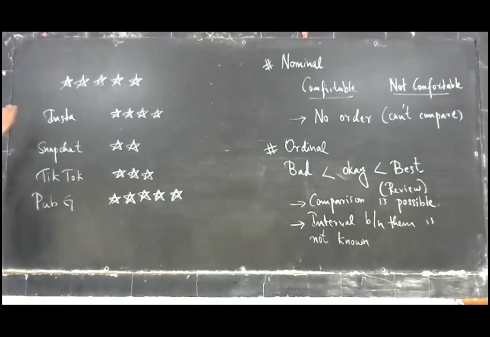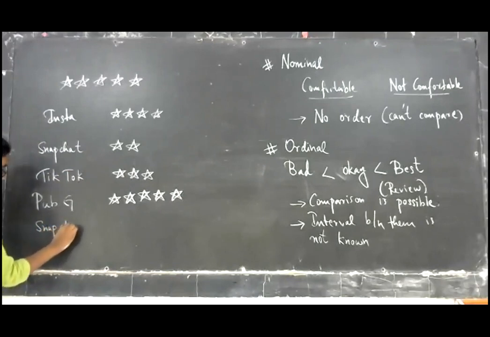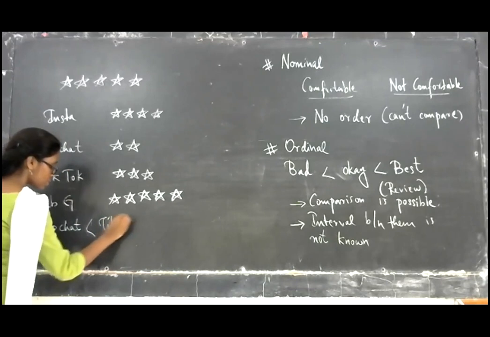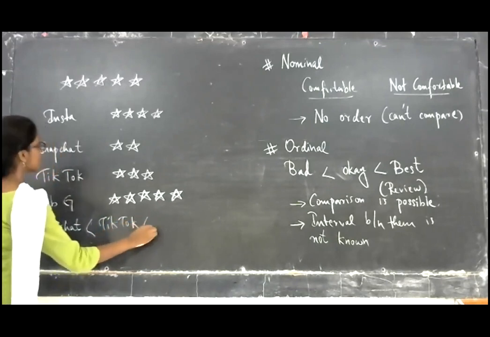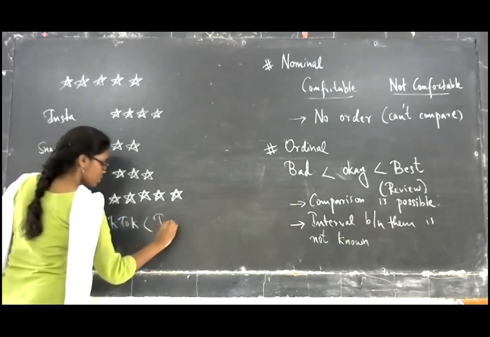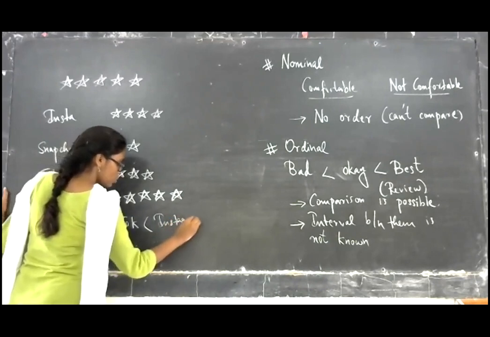So these are the 4 apps I'm trying to compare. Obviously we can put them in an order. The lowest is Snapchat, the next one is TikTok, the next one is Instagram, and the next one is PUBG.